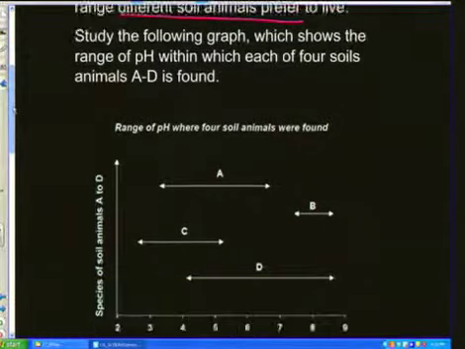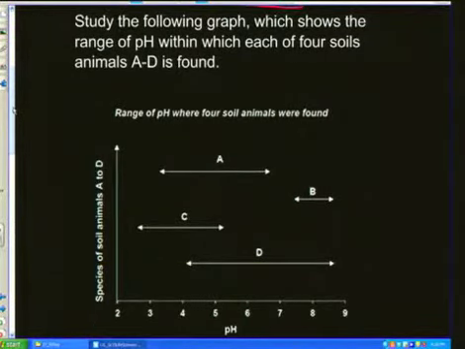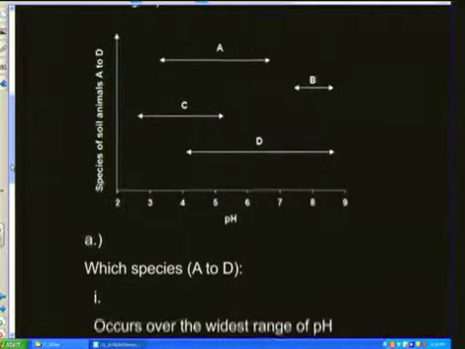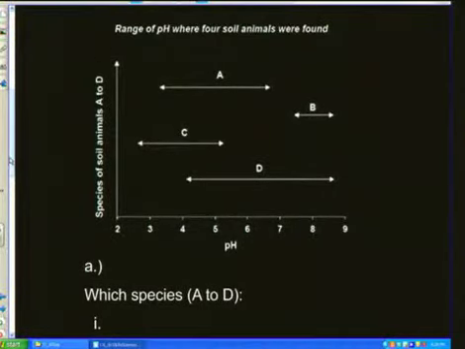Keep that in mind. Study the following graph, which shows the range of pH within which each of 4 soil animals, A to D, is found. So there's your graph. A, B, C, and D are the animals, right? And then at the bottom here, you've got your pH range.